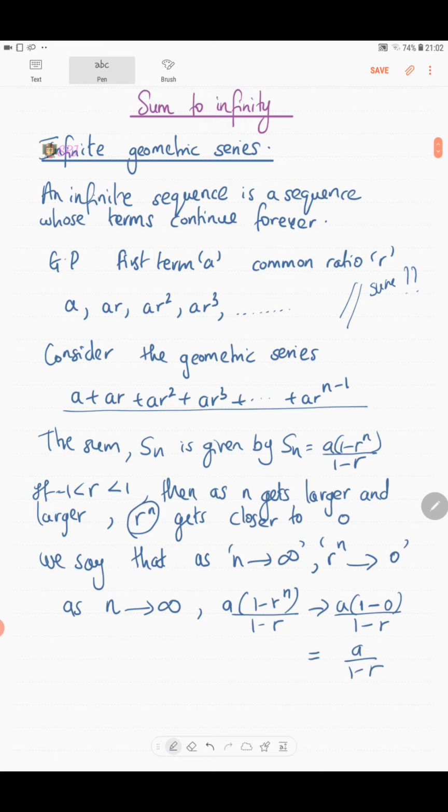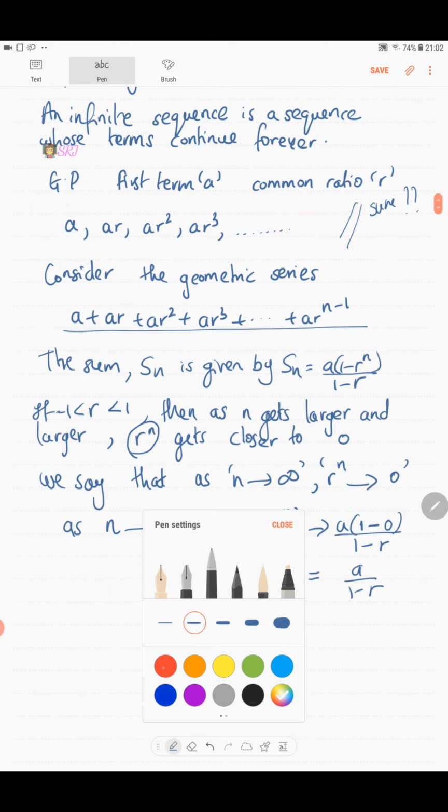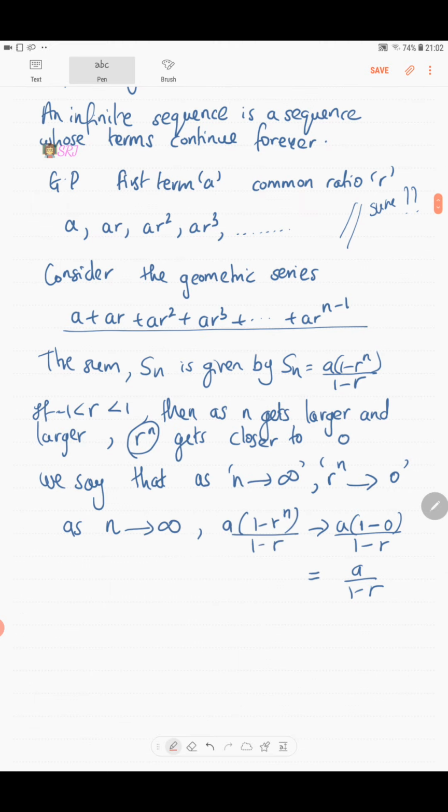So this gives the result S infinity, because we said that n is tending to infinity.